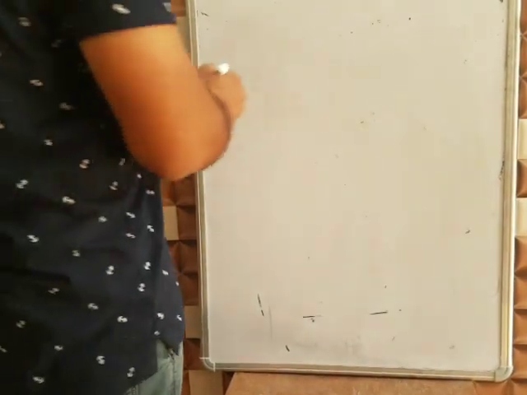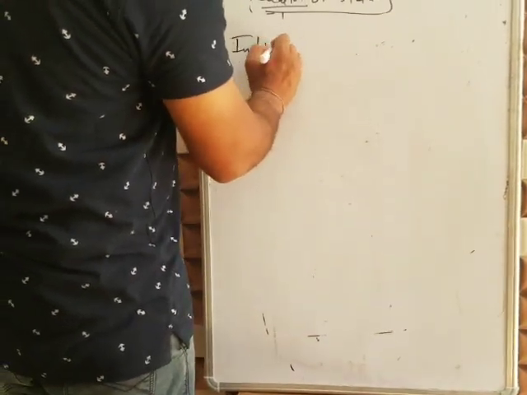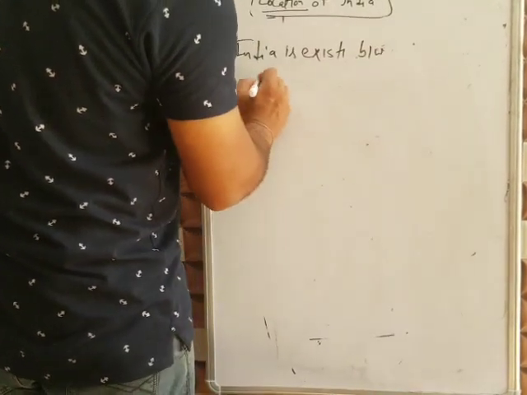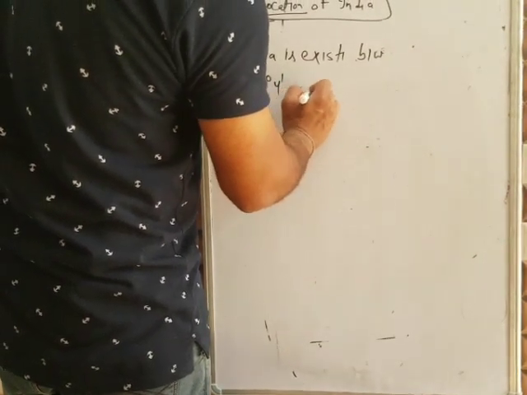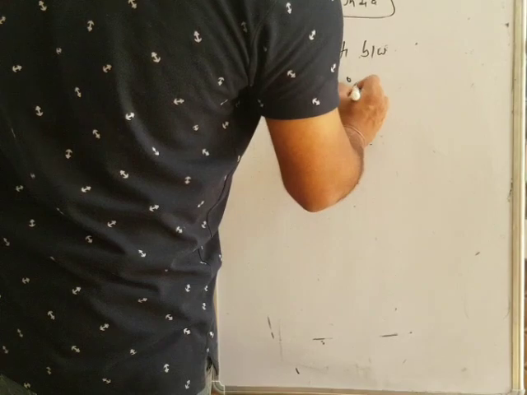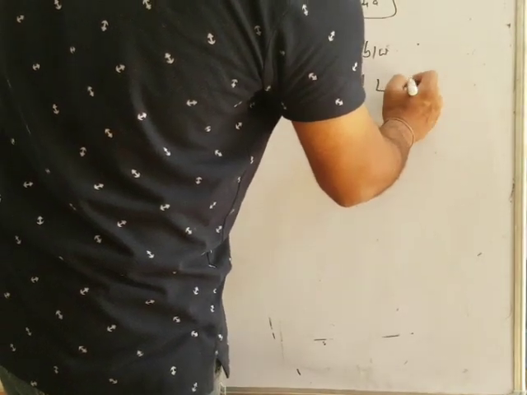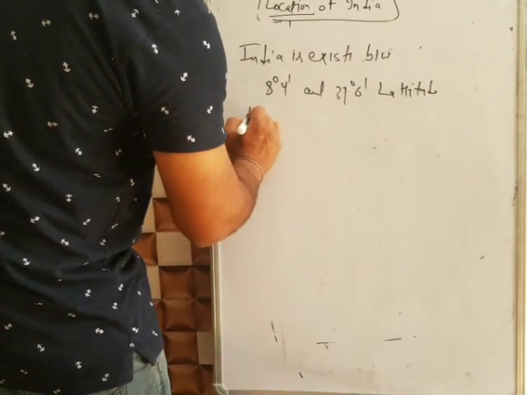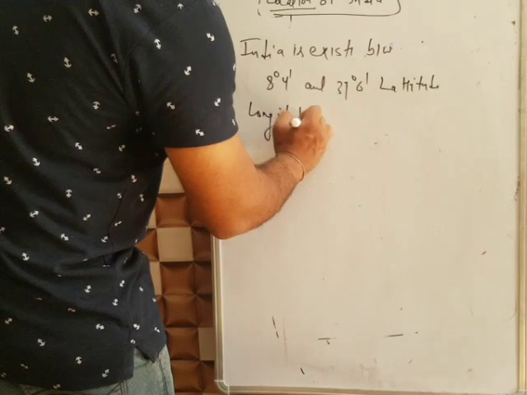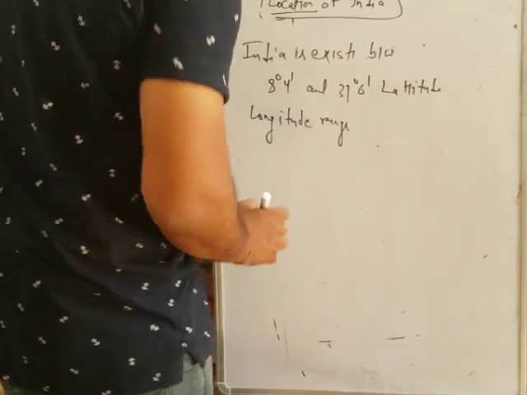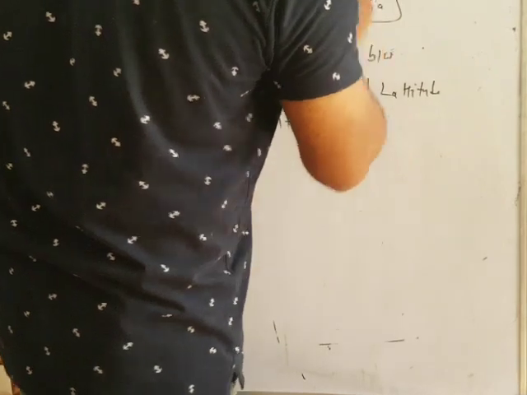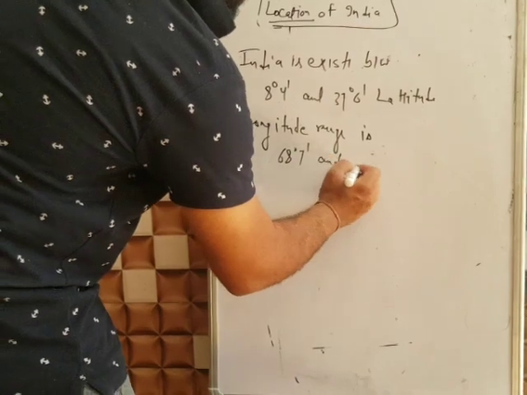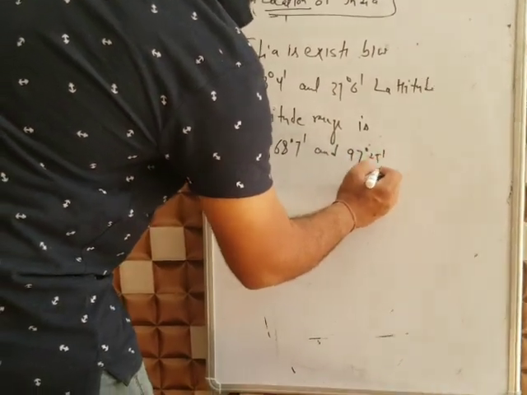We know that India lies between 8 degree 4 minute and 37 degree 6 minute latitude, and the longitude range is 68 degree 7 minute and 97 degree 25 minutes.